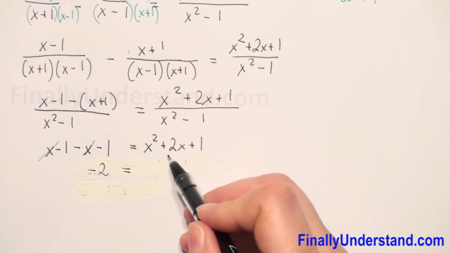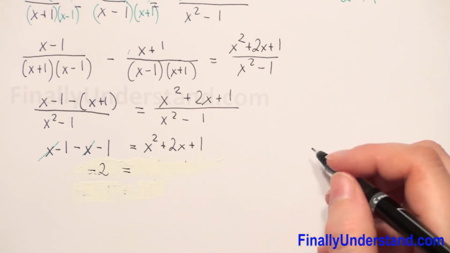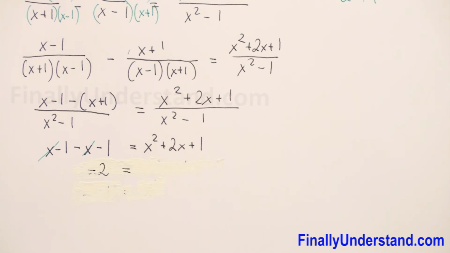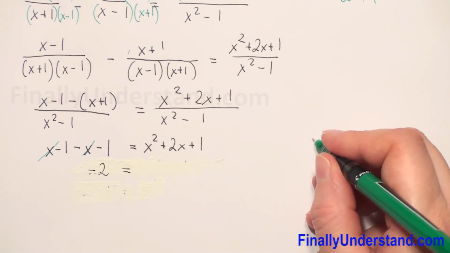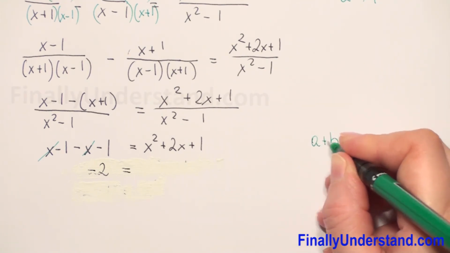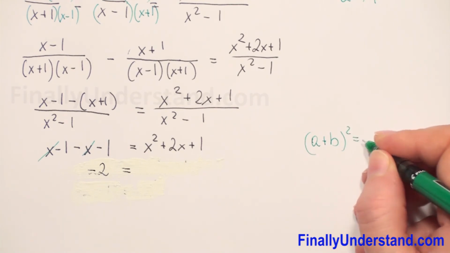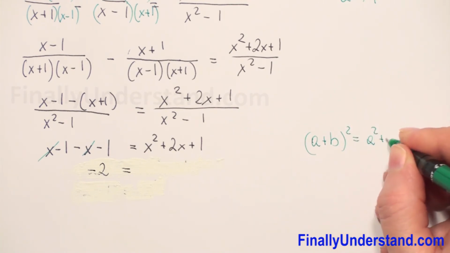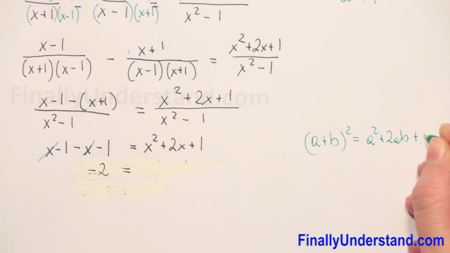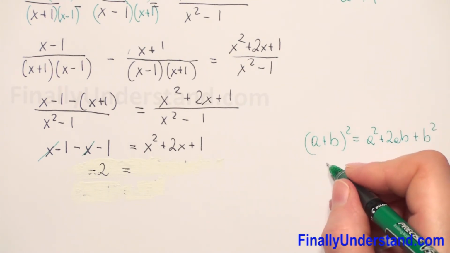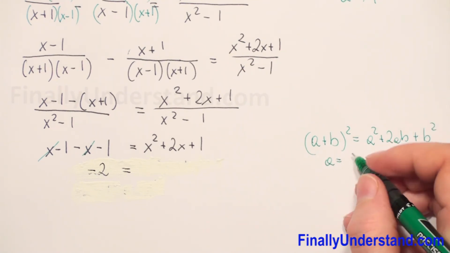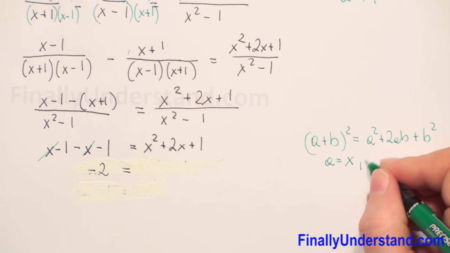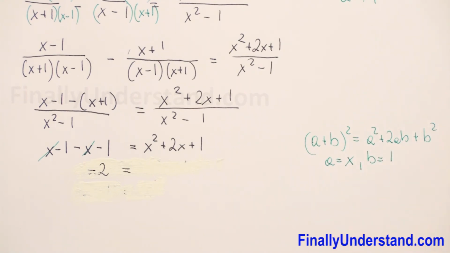This is the square of the sum x plus 1. Let me remind you of the formula. When we have a plus b to the second power, this is equal to a squared plus 2ab plus b squared. In our example, a is equal to x and b is equal to 1.